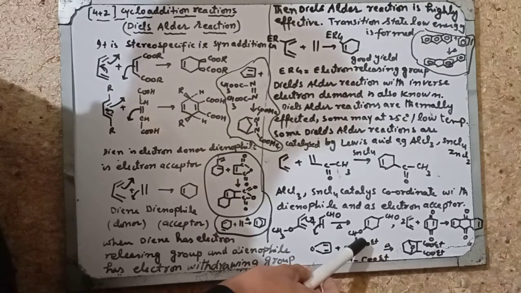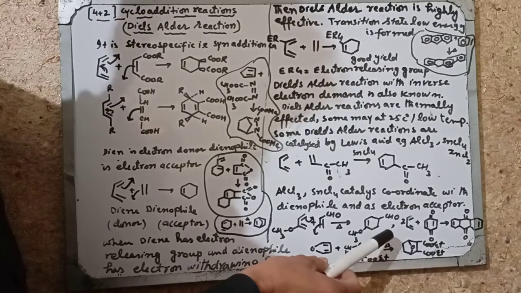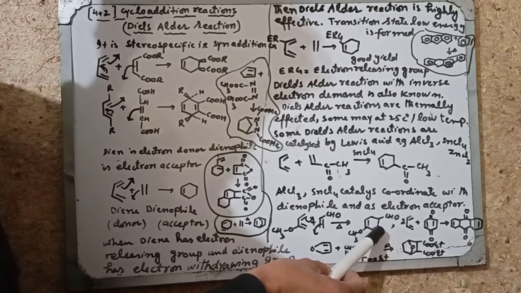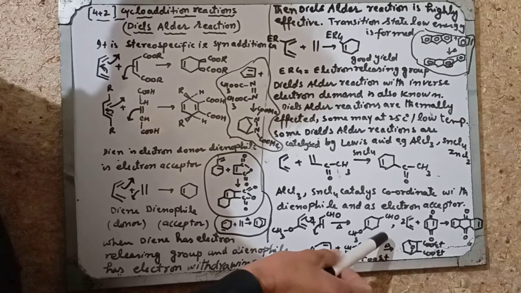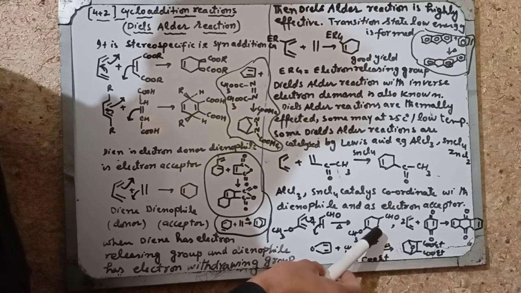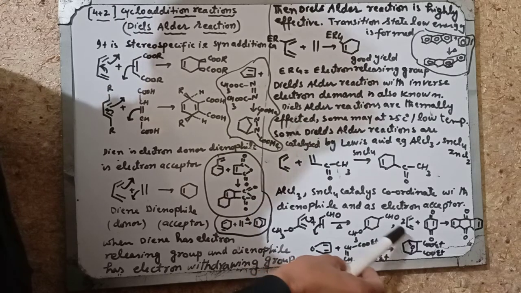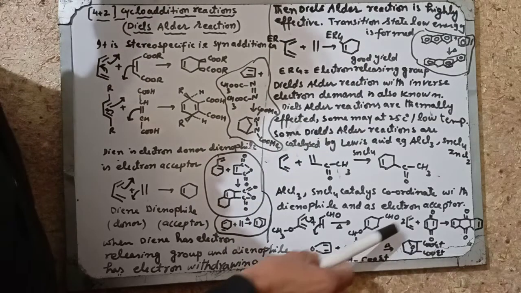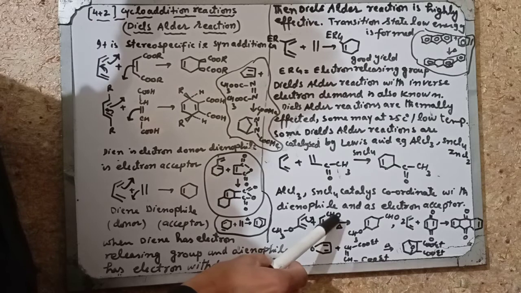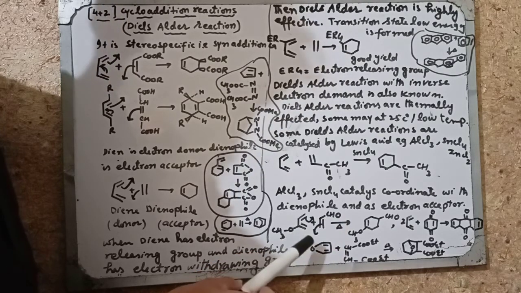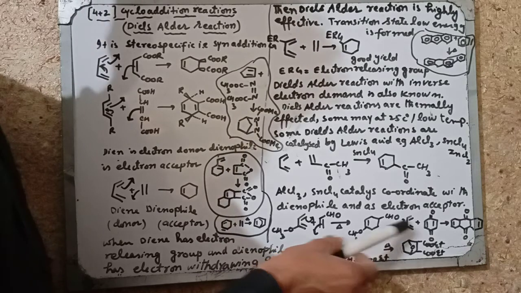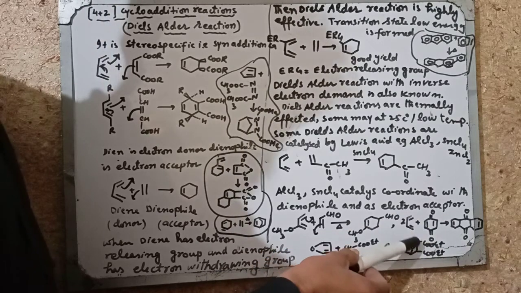Substituted methoxy, paramethoxy benzaldehyde is formed. Paramethoxy cyclohexenol is formed. This is the substituent which is attached here, the electron releasing group. Therefore this reaction will become fast. And many other examples we can give.